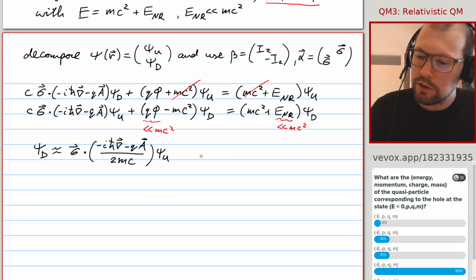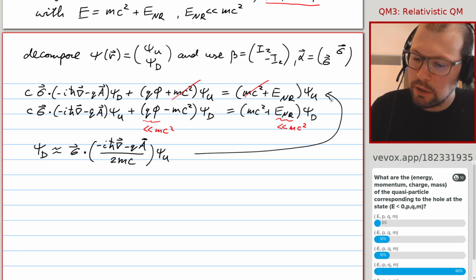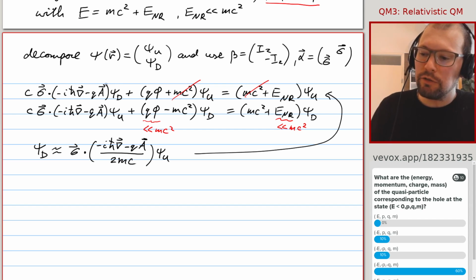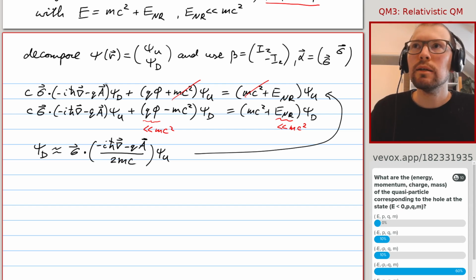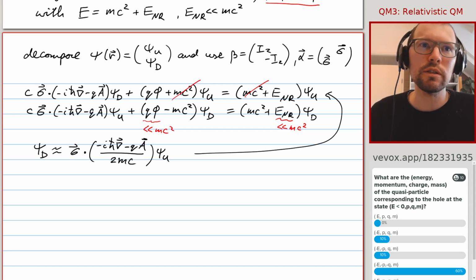And this we can substitute in the first term of the first equation. Now a couple minute calculation comes. I think we can best postpone this to next week, given that we're out of time, and really see where this interaction of the magnetic dipole moment with the magnetic field comes from.